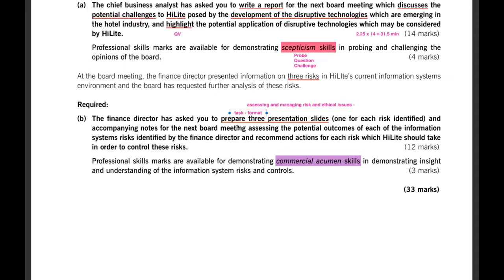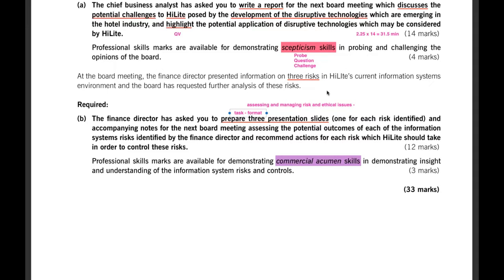So you have to prepare 3 presentation slides, one for each risk identified. That means most likely you have to identify this particular risk. Okay, one slide for each risk.